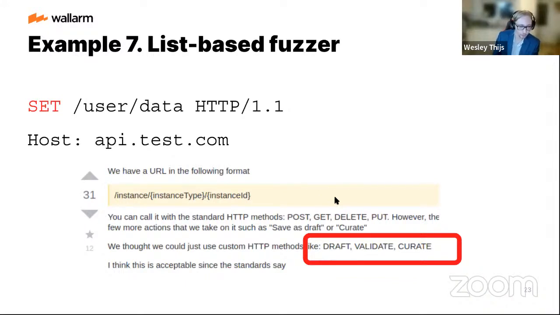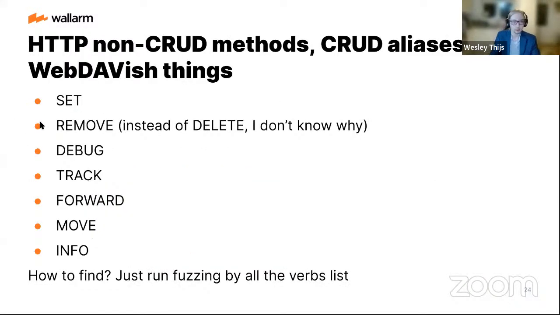but for some developers, they might try to implement their own HTTP methods, like we see this person doing right here. He's also included draft, validate, and curate. Now we can also have a set method, for example. HTTP non-CRUD methods is what they're often called, or the CRUD aliases for the web dev thing.